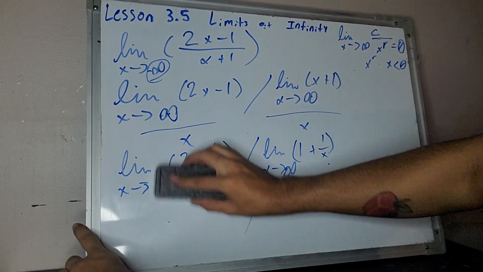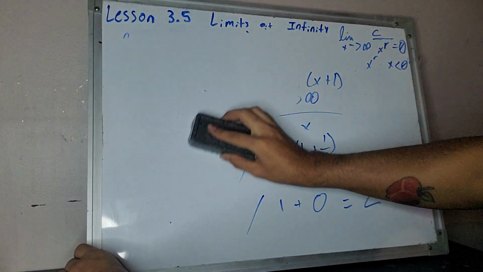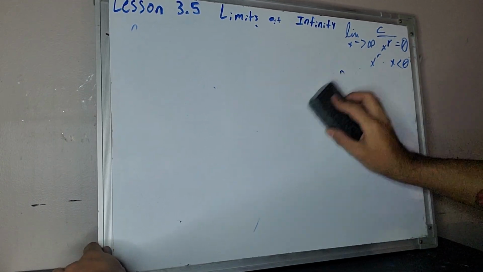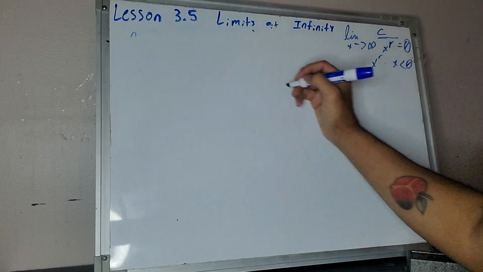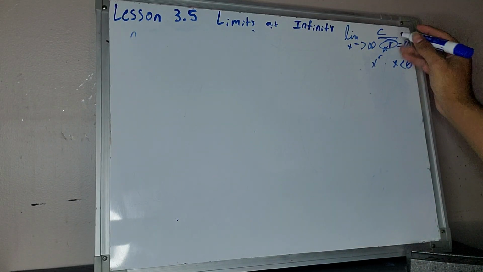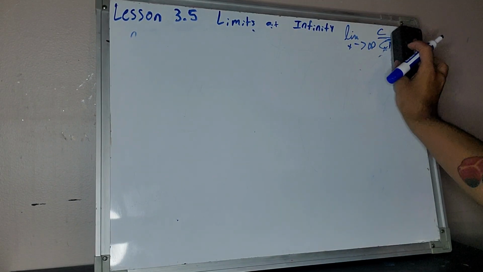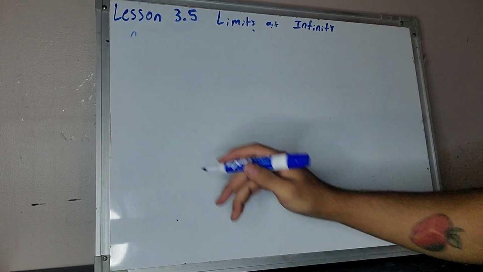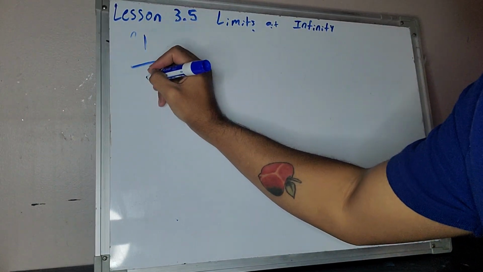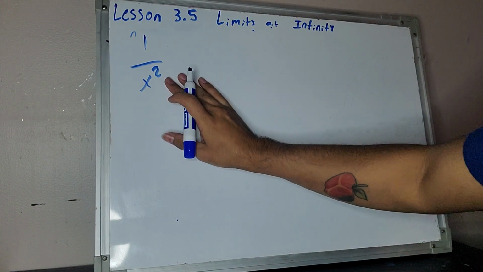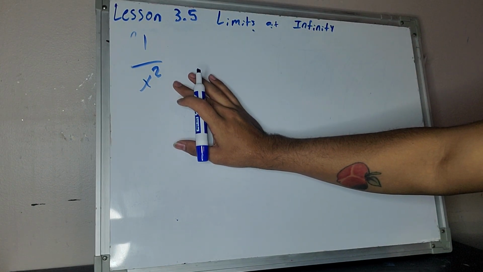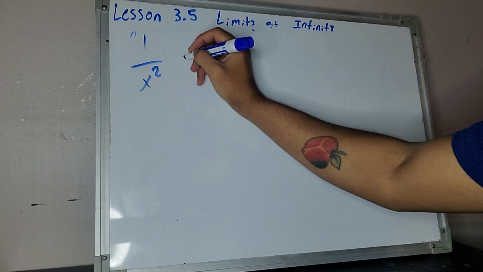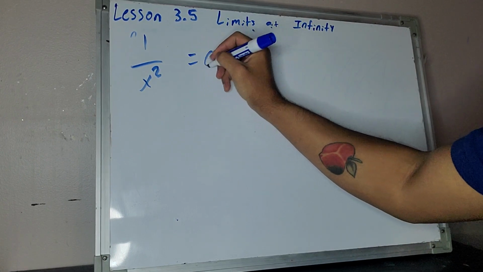Some guidelines when finding the limit of rational functions at infinity are all determined by the degree of the actual function. So if the degree of the numerator is less than the degree of the denominator, then the limit of the rational function will be equal to 0.